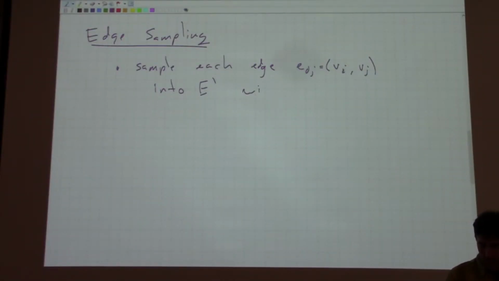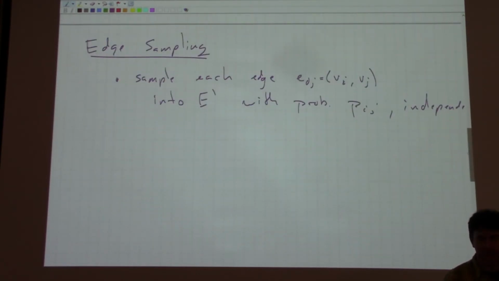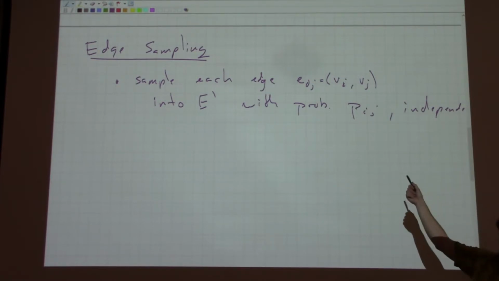So you keep it with some probability Pij, and you do each of these independently. You're going to just sample each edge independently of each of the other edges. They're not going to have the same probability. You're not going to sample them IID, but you sample each one independently with some probability.